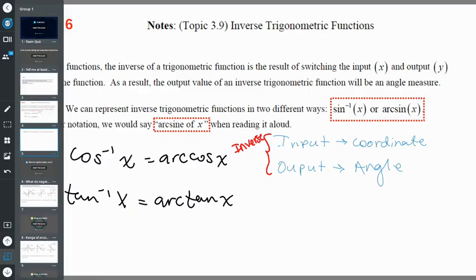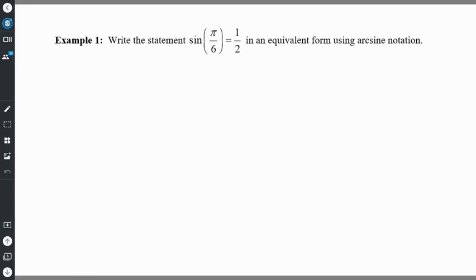So let's take a look at this one right here. They give us that sine at pi over 6 equals 1/2. That's true, right? Sine at pi over 6 is 1/2, where the input is pi over 6, right? And then this is the output. Well, now they want us to write it as the equivalent form using the arc sine notation.